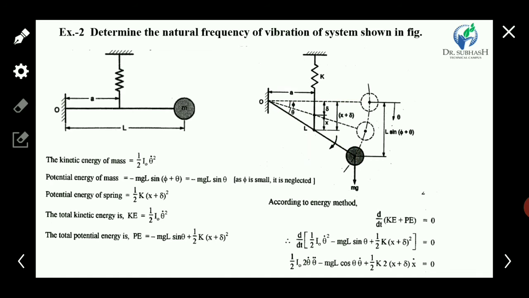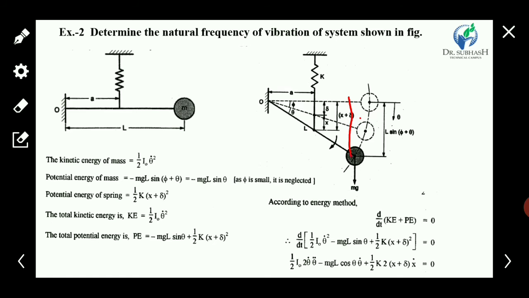Here, what are phi and theta? Theta is the displacement given from the deflected position, and phi is the deflection of the pendulum due to the weight added to the rod. So some angular displacement is there, defined by phi, and phi is the angular deflection due to the weight. Then the weight is displaced some distance and released, and then vibration occurs.